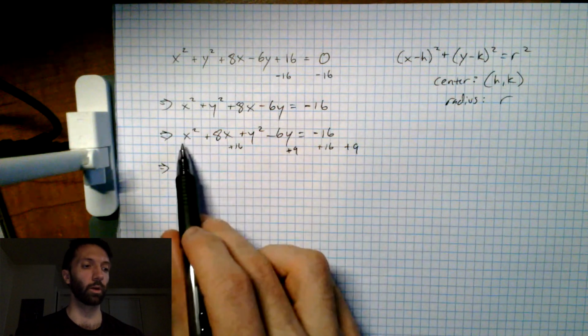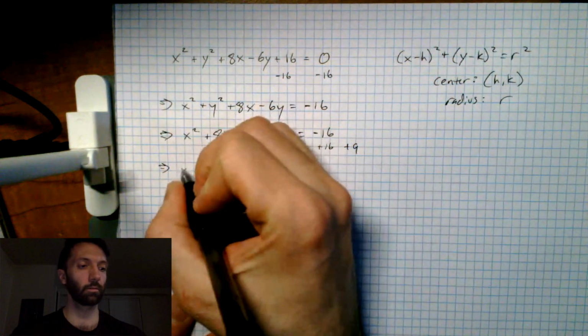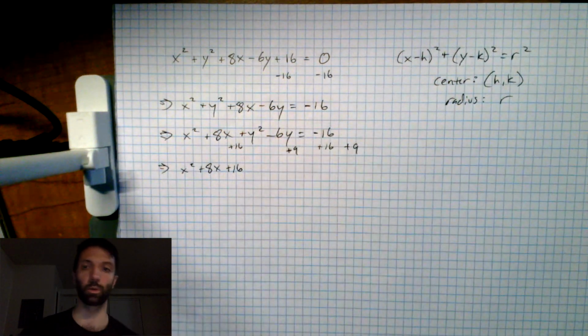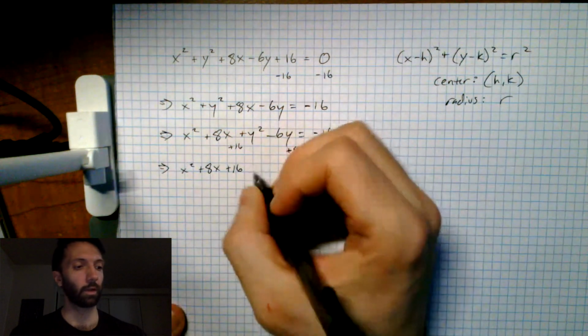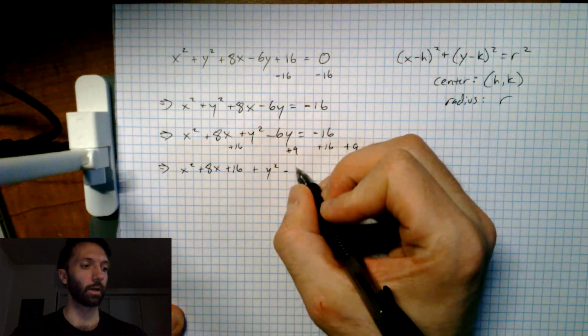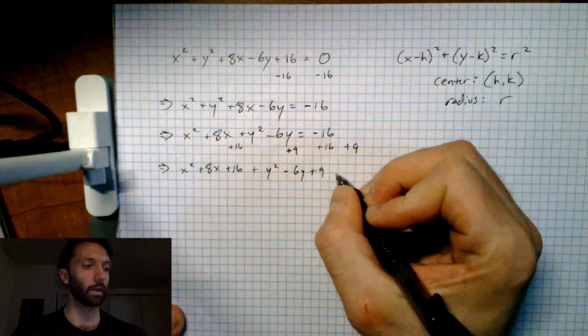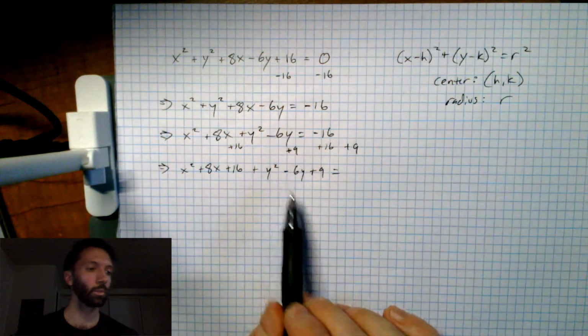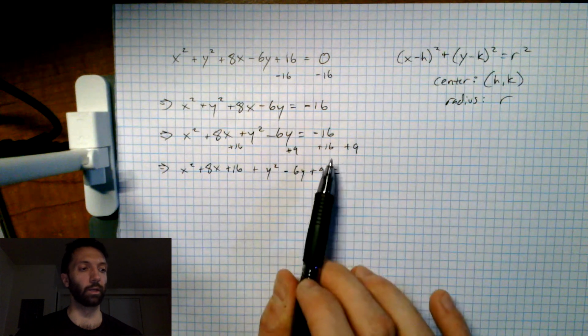Okay, so I have x squared plus 8x plus 16. That is my first perfect square trinomial. And then I have plus y squared minus 6y plus 9. That is my second perfect square trinomial. And this is going to equal 9.